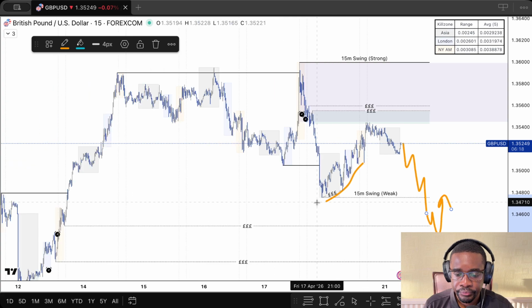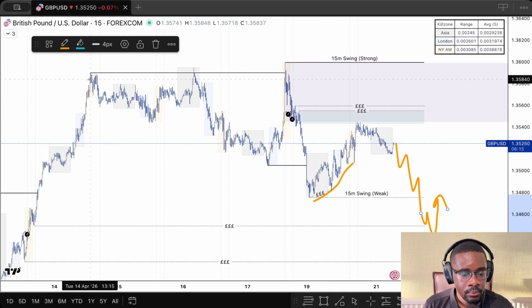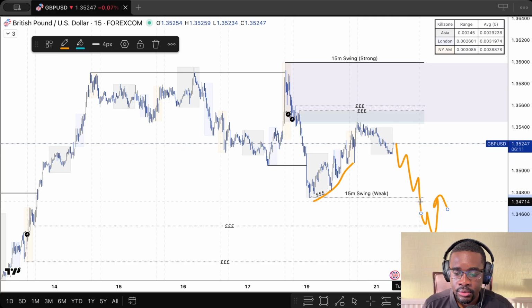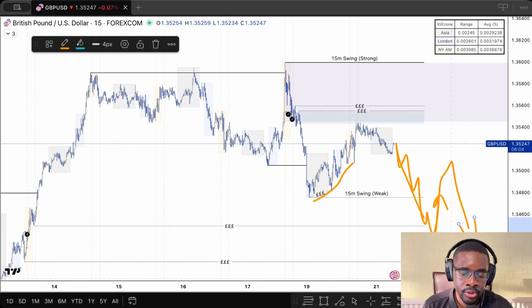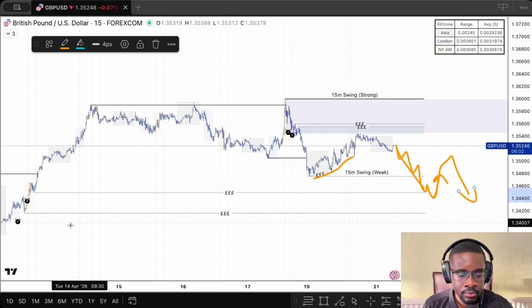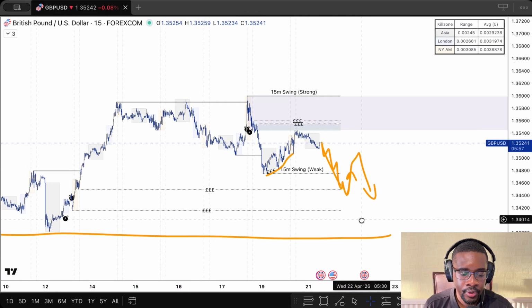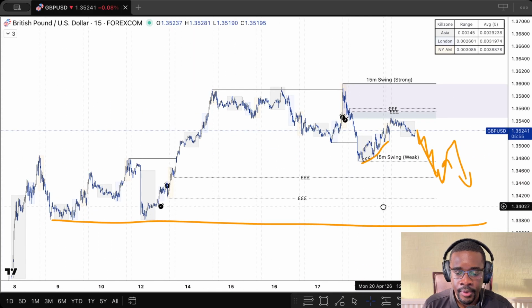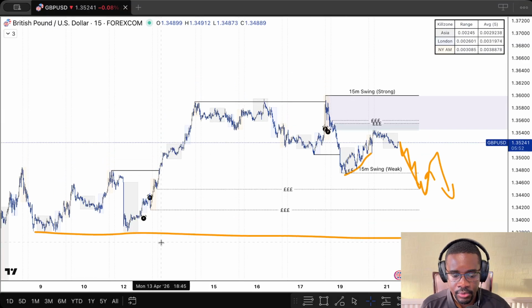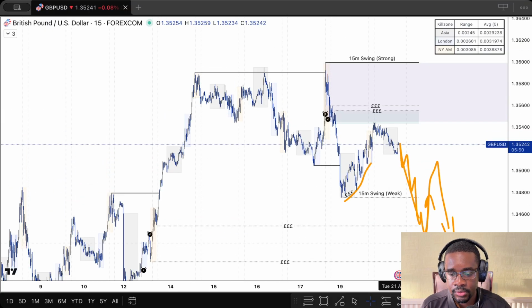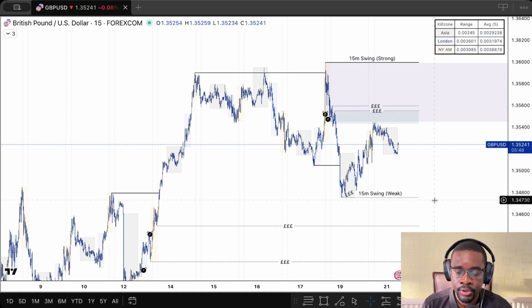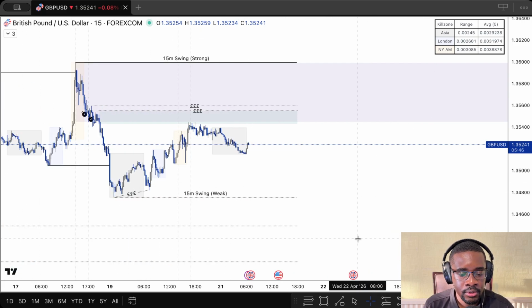Okay, possibly look for longs to the upside. But once we get a second low, then we could just be looking for price to continue bearish until the relative equal lows down here. Okay, down there. So that will obviously develop as the week continues.